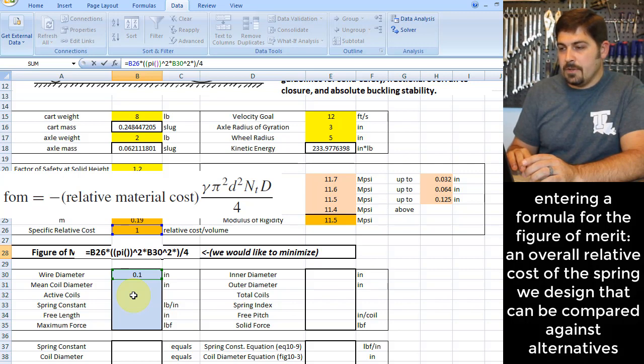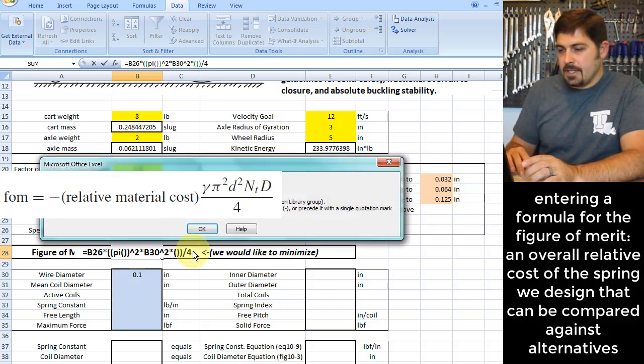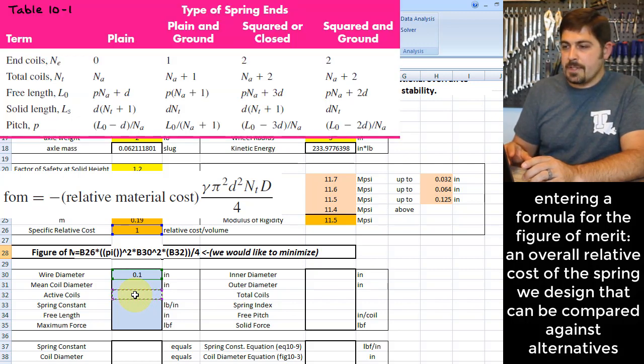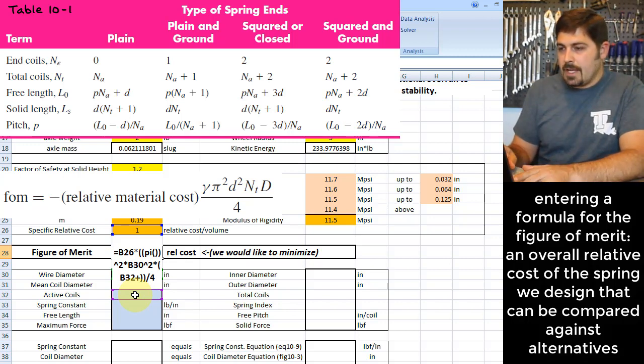So what we need to do is put in an equation that gives us the total coils from the active coils, and there is a table in the book that gives that to us. I believe it's Table 10.1. You take the number of active coils and you add 2, and I'll get into that a little bit more in just a second.